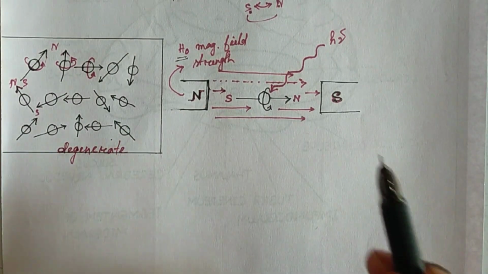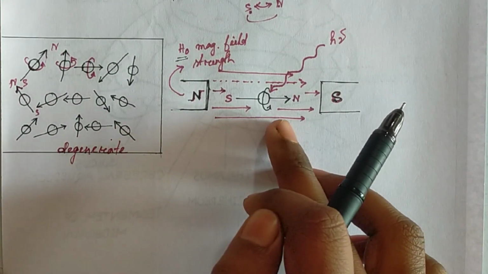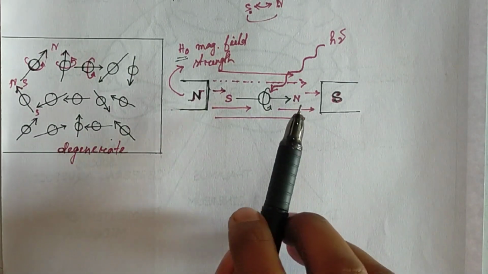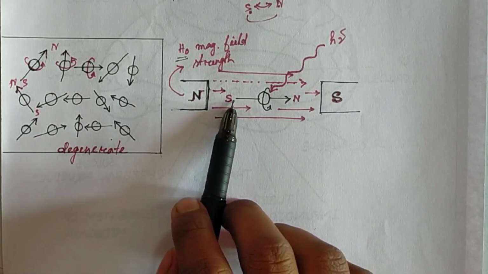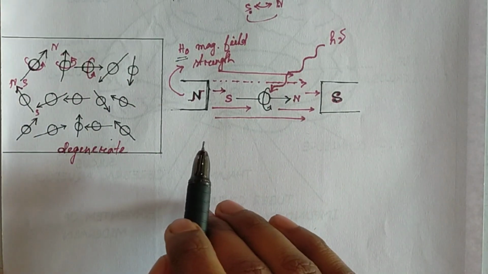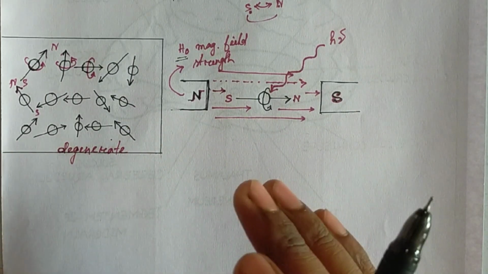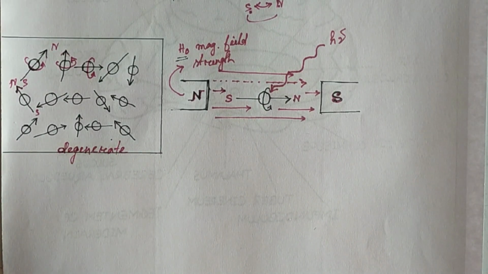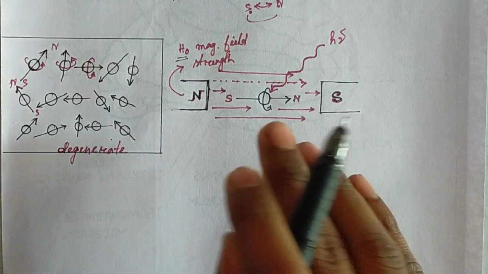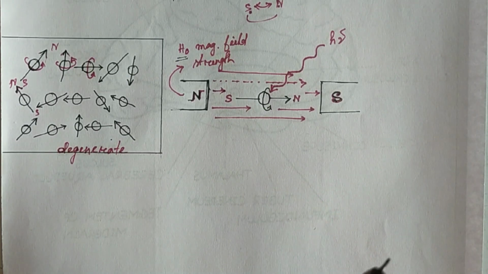In this orientation, the energy of the nucleus will be lowered as compared to the degenerate state. In this state, the energy of this nucleus will be very low.